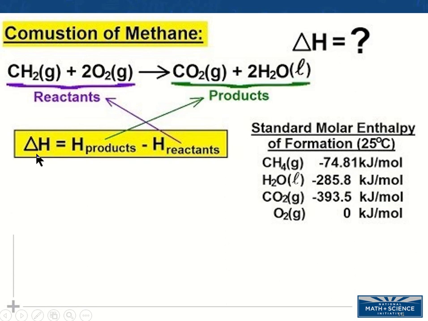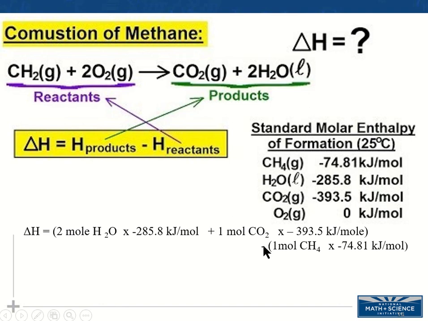So let's go ahead and set it up where we have delta H of the products minus the reactants. Because there are 2 moles of water, I'm going to multiply the 2 by negative 285.8 kilojoules per mole. I'm going to add it to the 1 mole of carbon dioxide in the product, and I'm going to multiply that, because there's only 1 mole, by the negative 393.5 kilojoules per mole.